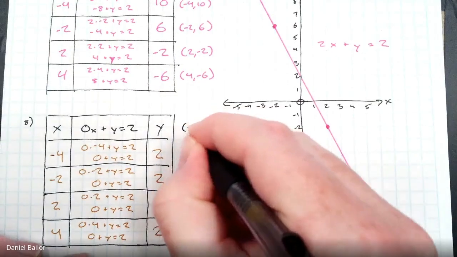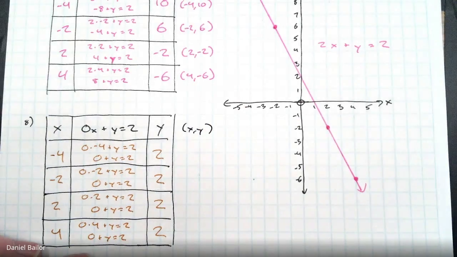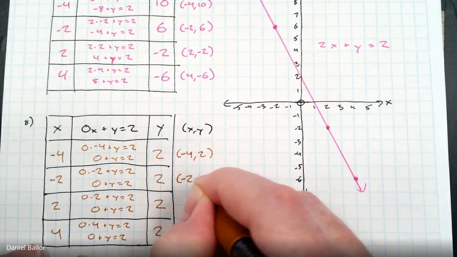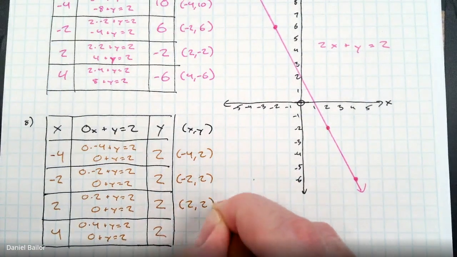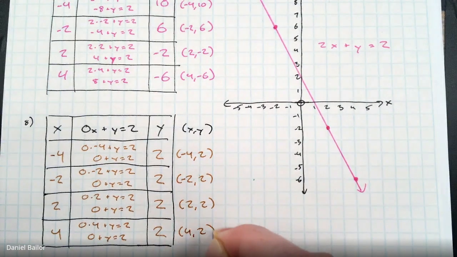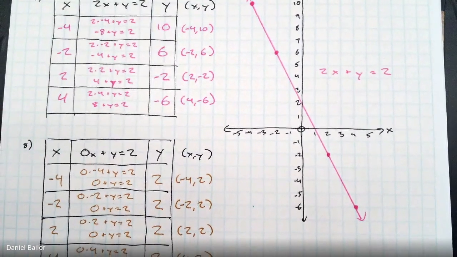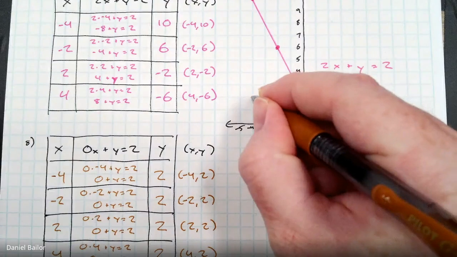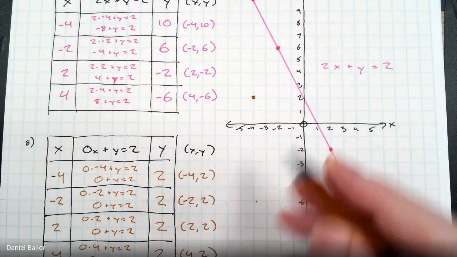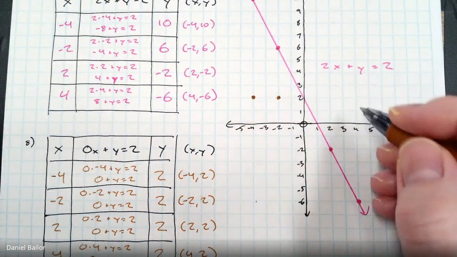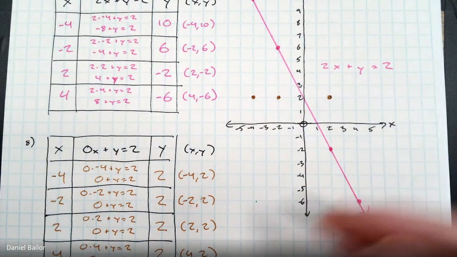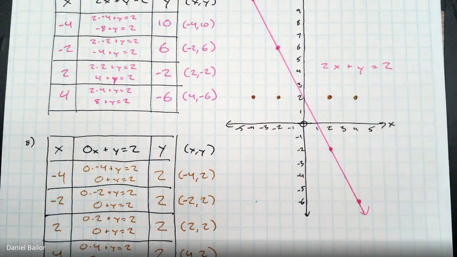We write our ordered pairs: -4 and 2, -2 and 2, 2 and 2, and 4 and 2. Let's graph these on the same graph. They meet right there.